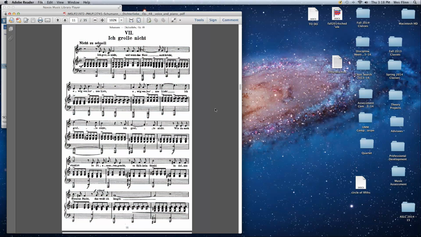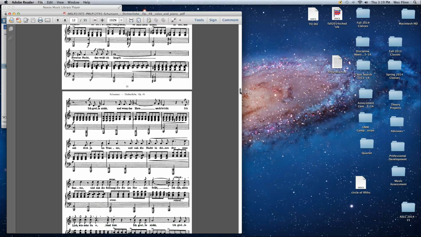Ich grolle nicht, und wenn das Herz aufbricht, wie verlornes Lied, ich grolle nicht, wie du ausstrahlst in Diamantenpracht. Es fällt kein Strahl in deines Herzens Nacht, das weiß ich längst.